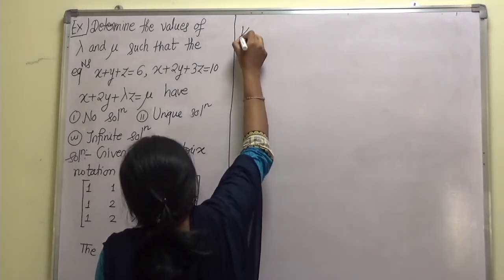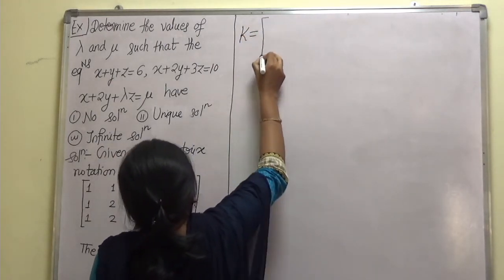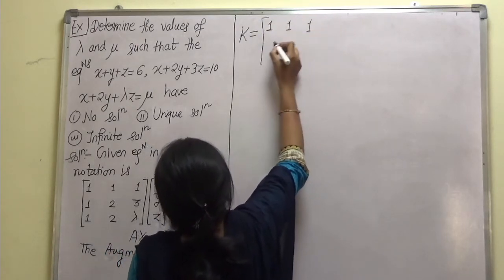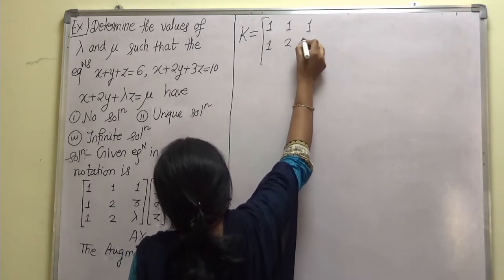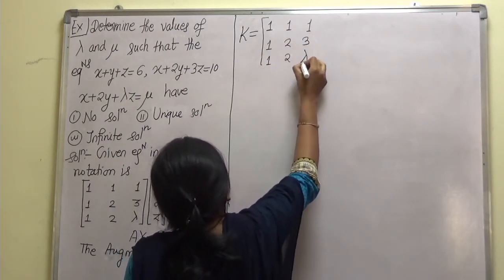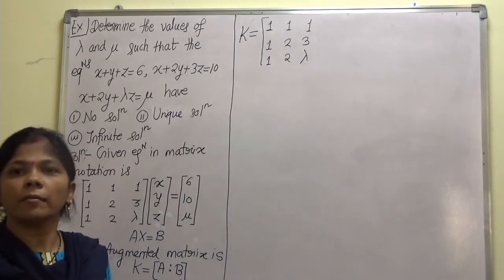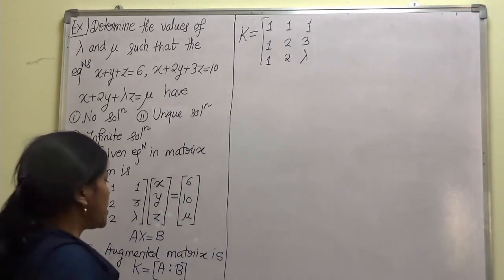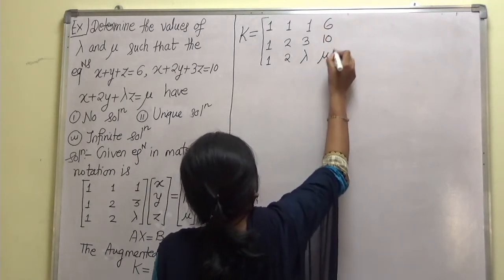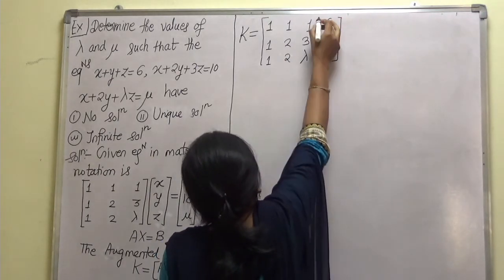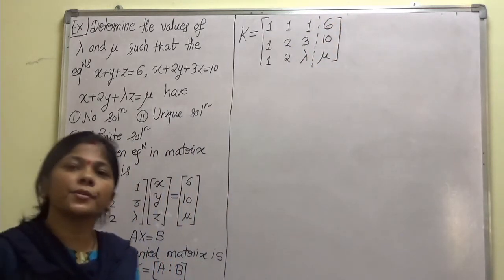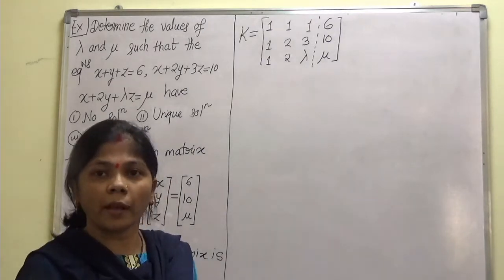So K is equal to 1 1 1, 1 2 3 and then 1 2 lambda, and then we will write the last column as B, that is 6 10 mu. This is K. Let us reduce this into upper triangular matrix, echelon form.